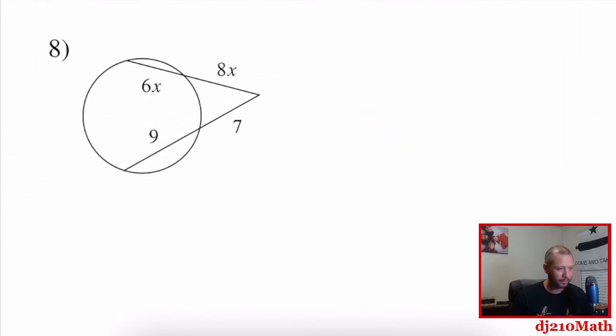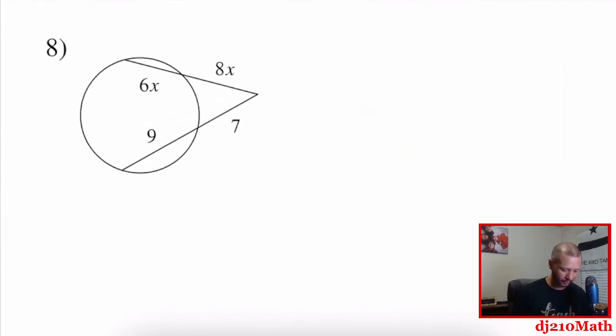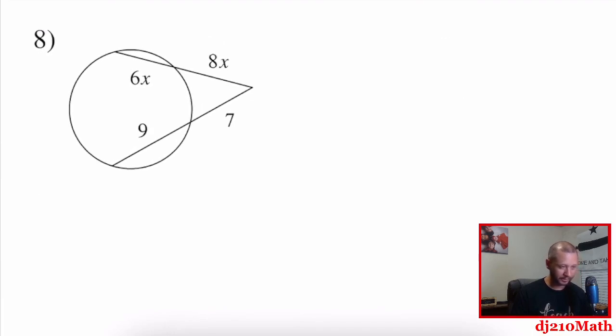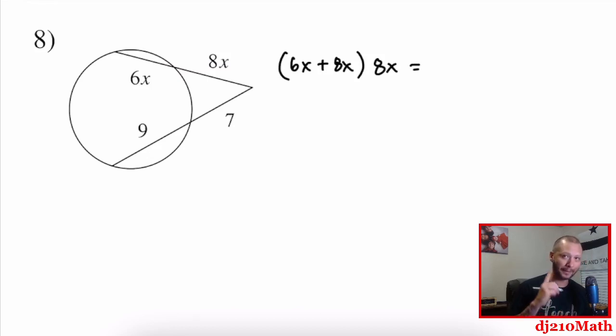Okay, number 8. These do progressively get tougher real quick. So we have the whole segment, 6x plus 8x, that's going to be times 8x, right? The outside part. And this is equal to 9 plus 7, which is 16, times just the outside part, which is 7.